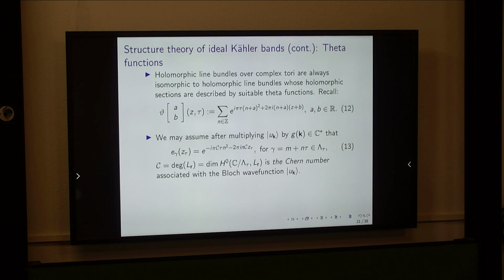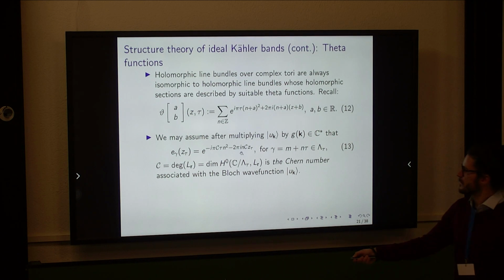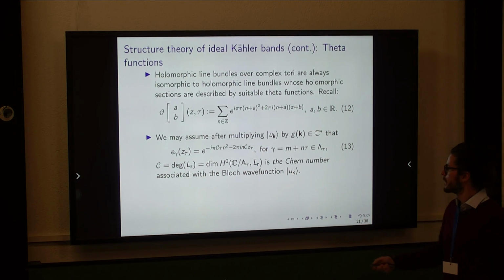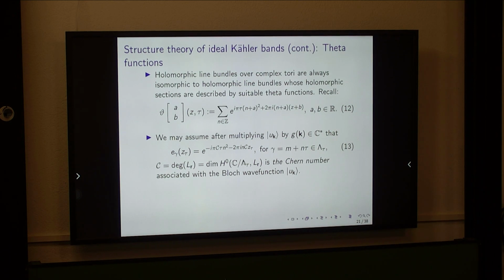And in this expression, you see that there appears a C. C here is a positive integer, and it is the degree or Chern number of this line bundle L sub R. And it's also, mathematically, the dimension of the space of holomorphic sections of the line bundle L sub R. So don't forget what C is.